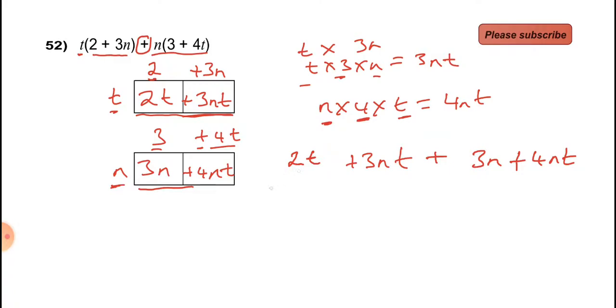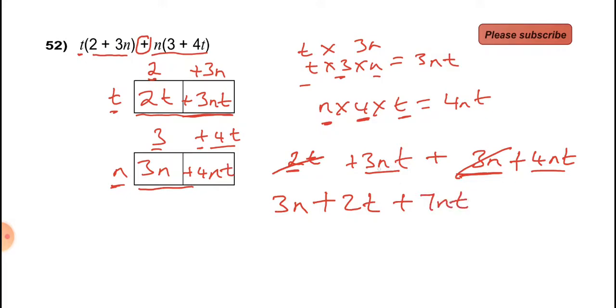So now I can see that the 3n is by itself, so there's no 2n or 1n, so there's no collecting like terms there, so I'm going to copy that down, so 3n, and then I can see the 2t is by itself, there's no collecting like terms there, so just copy that down, but I can see here 3nt plus 4nt is 7nt, so plus 7nt. That's all of the terms done, and this is the final answer.